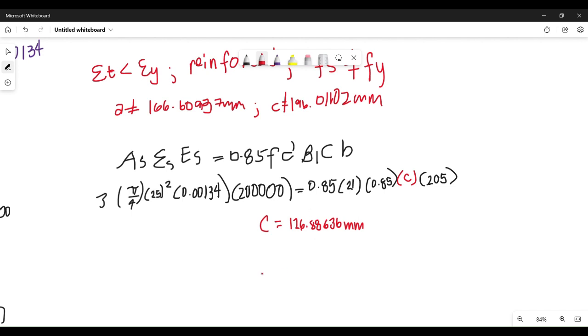Okay, proceed. We have to find our A. A is equal to beta 1 times C. So our A here is 0.85 times the value of C, 126.88636. Our A is 107.8534 millimeter.